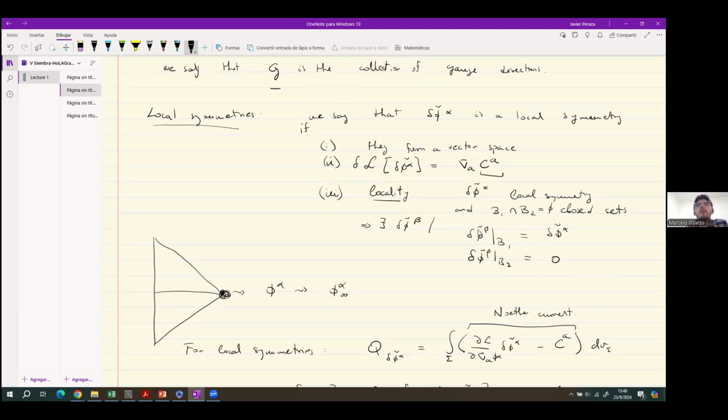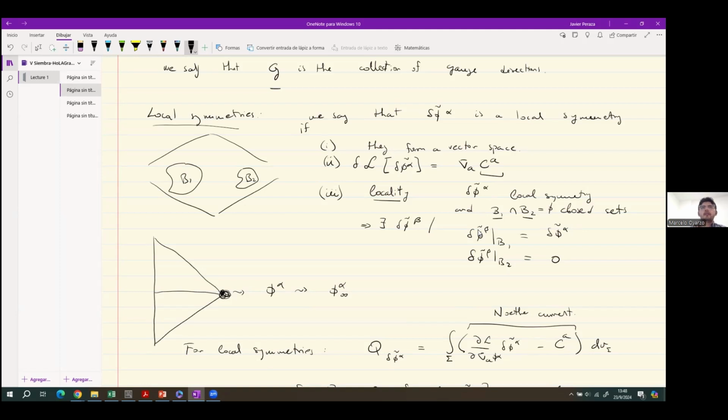So these B1 and B2 are points in space-time, sets of points in Minkowski, and that means that, let's say we have B1 here and B2 here, and we have Minkowski.